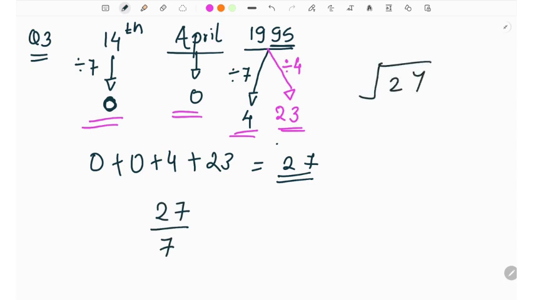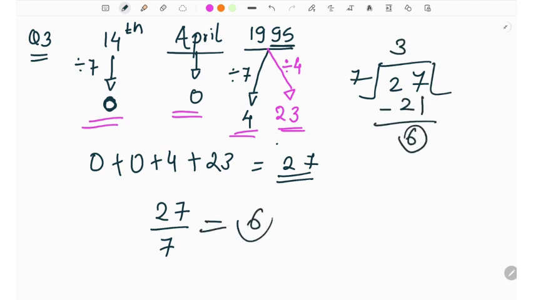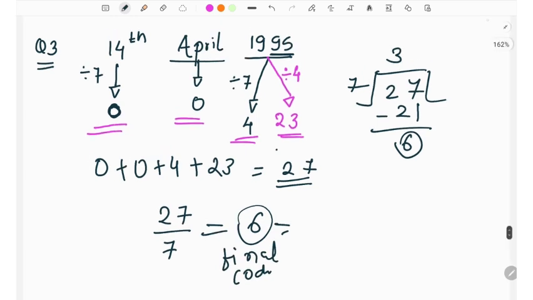If I divide 27 by 7, 7 3s are 21, so the remainder is 6. 6 is important. This is your final code. 6 is the code for Friday. So Friday is the correct answer.